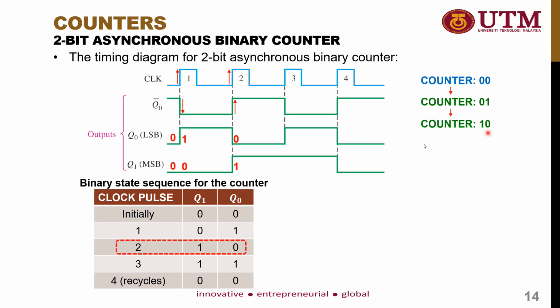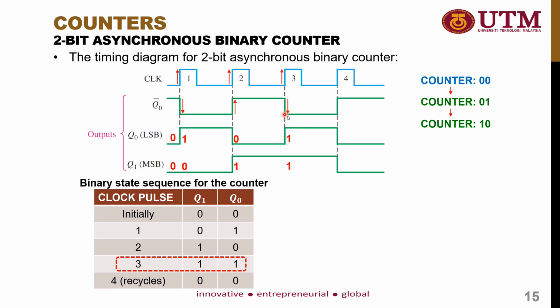When we proceed to the next cycle of the clock, you see here, at the rising edge of the clock, the Q0 will toggle from 0 to 1. But at the signal of Q0 bar, a falling edge is detected.